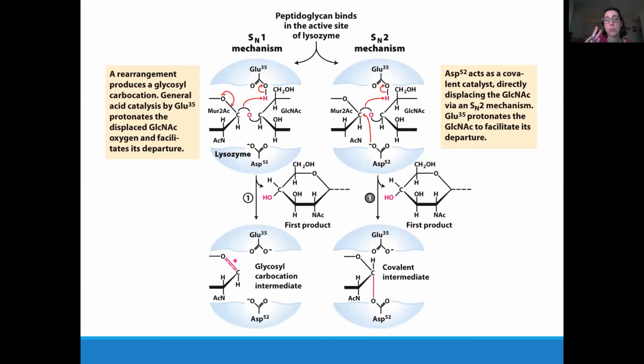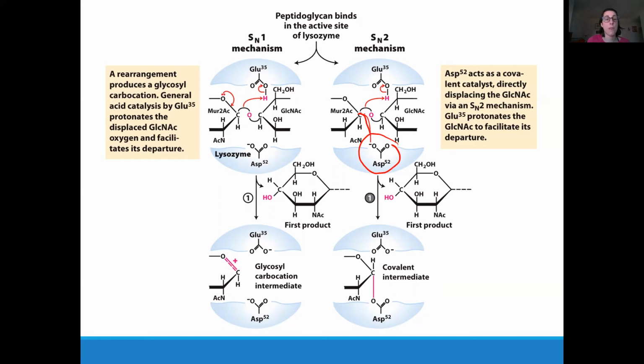So two molecules that are involved, two steps involved in this. So you can see again, we have our aspartate that is forming a bond with the carbon. So this is our sugar that is kind of sitting within the enzyme.